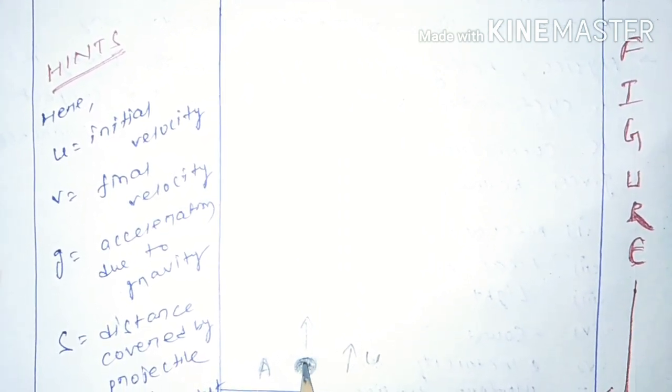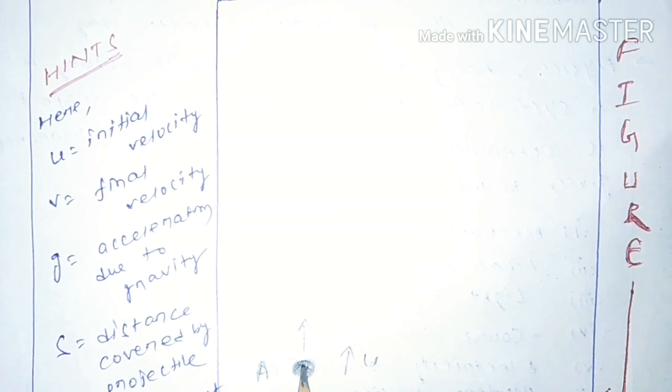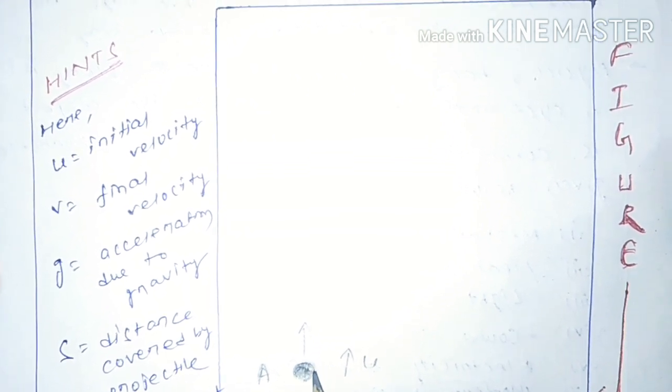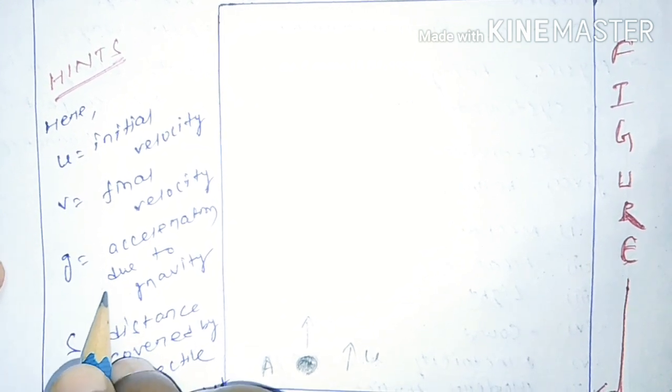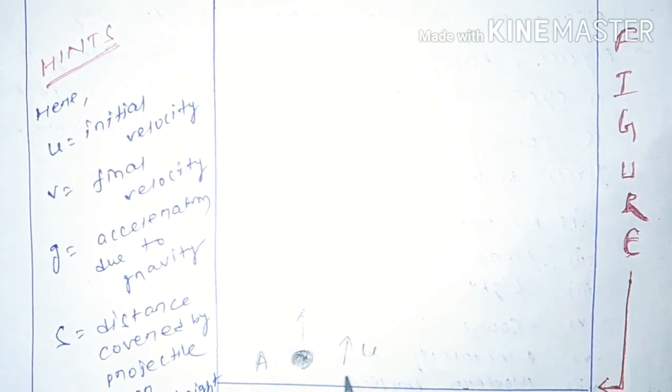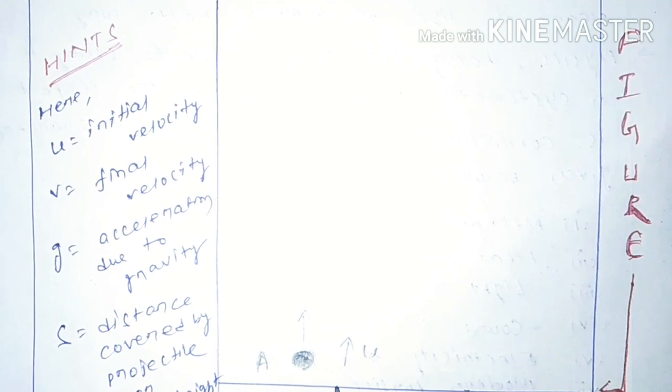Its velocity decreases gradually because g, the acceleration due to gravity, retards the motion till it becomes 0 at B.